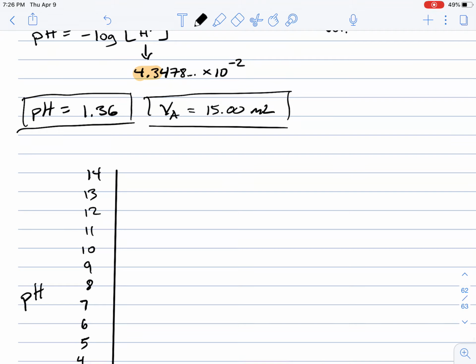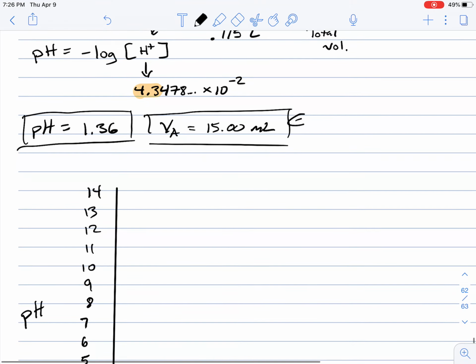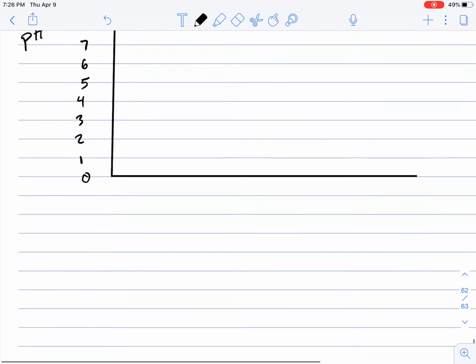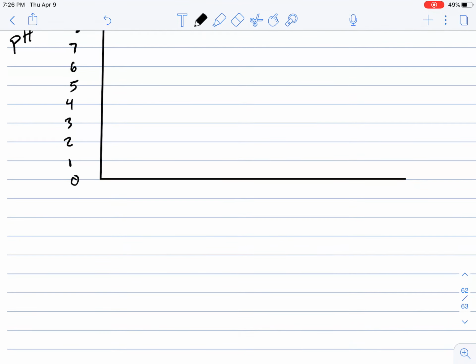And if you look at the range in volume, our volume was from 0 to 15. So 15 was the maximum volume, right? That was the last volume that we calculated. So the x-axis is representing the volume of titrant added.